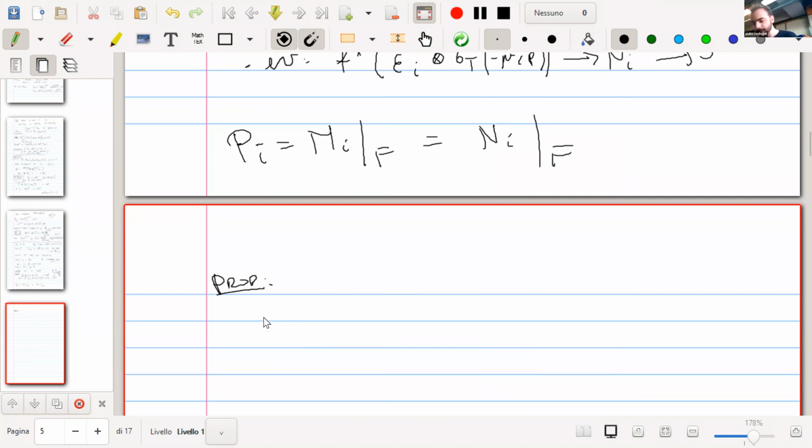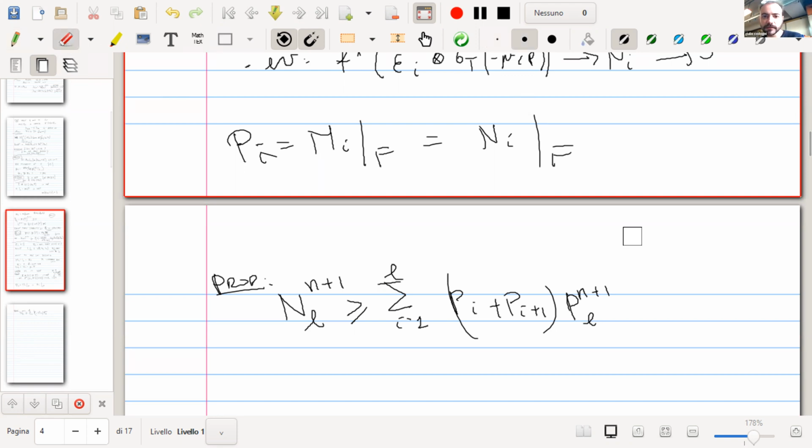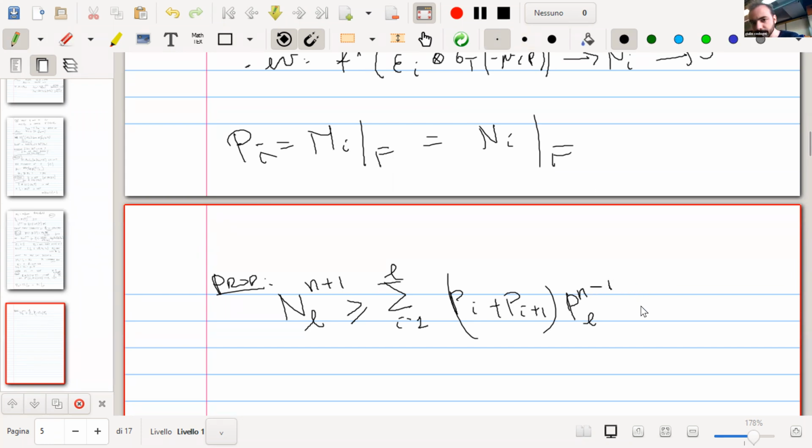But you have something like this: if you do N L, the last piece, to the power n plus 1, this is at least the sum from i that goes from 1 to L of something like P_i plus 1, P_L to the n minus 1, sorry, I beg your pardon, minus 1 times the numbers mu_i minus mu_{i+1}. Okay. So you have such an inequality.